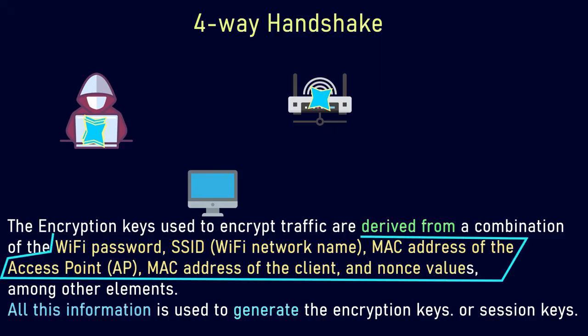These elements undergo a cryptographic function to generate session keys, which encrypt data during the Wi-Fi session. It is important to note that these elements are not directly combined to generate session or encryption keys. Instead, they go through four distinct steps within four-way handshake process.